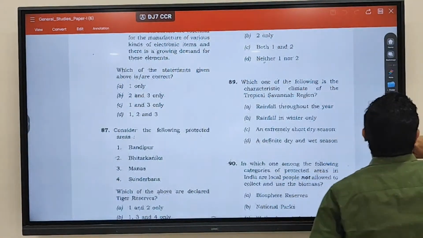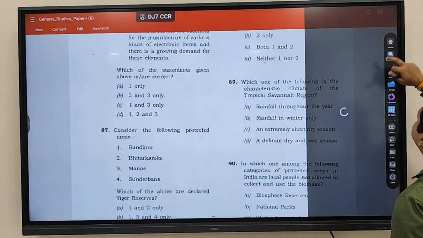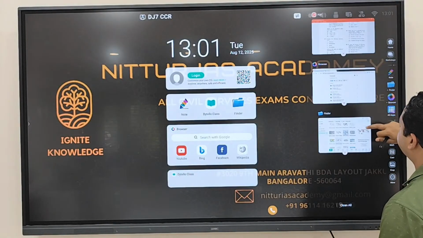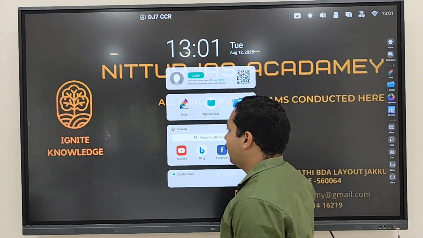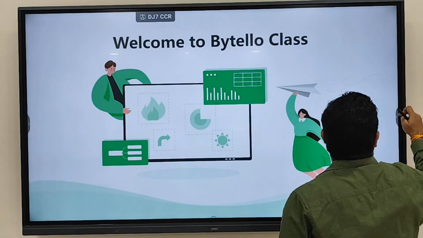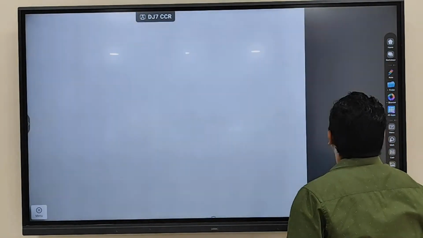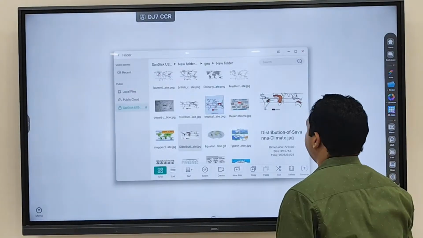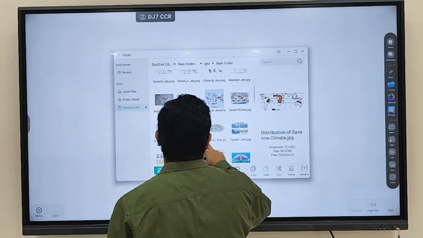Next, we are coming to the fourth one, which is called the desert type. Where do we see desert type of climatic conditions? Just now we discussed it.